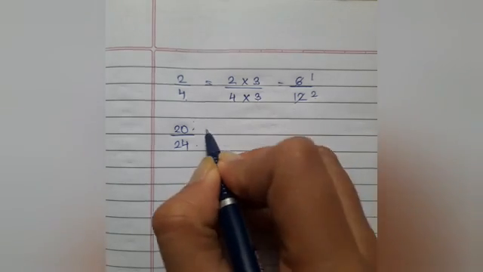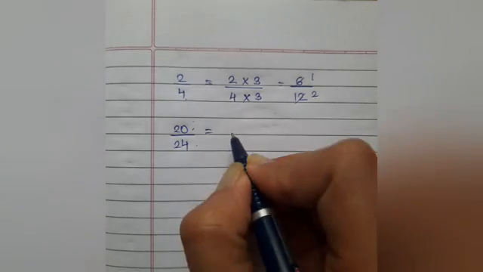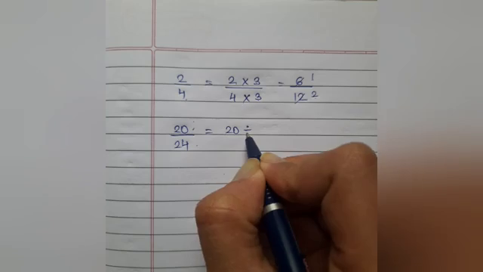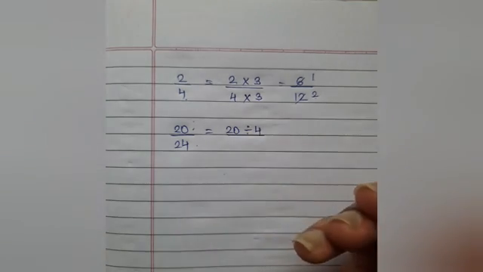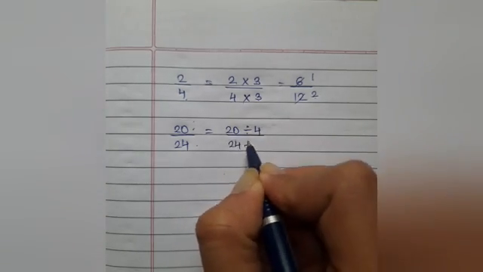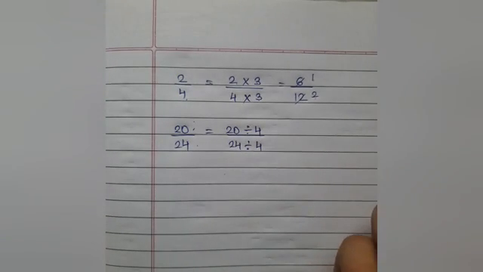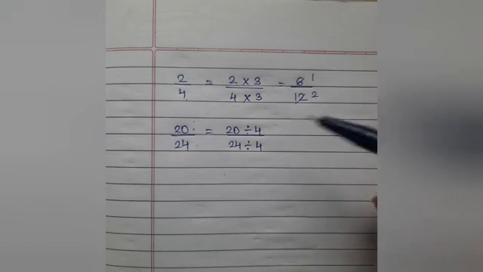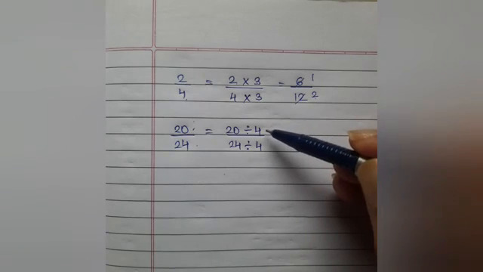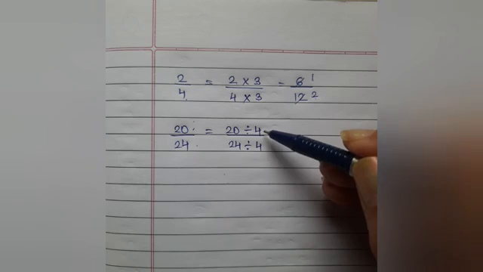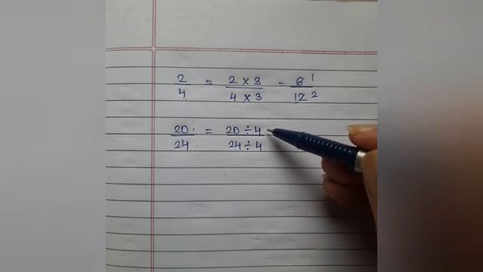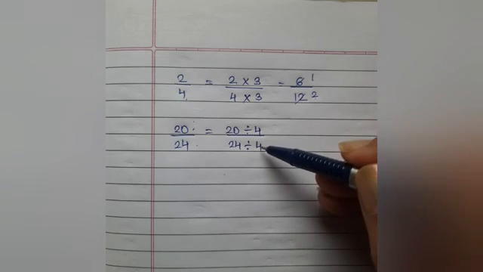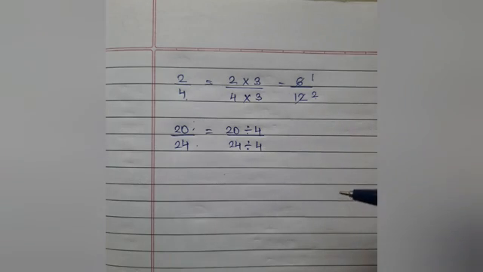So, our next step will be 20 divided by 4 upon 24 divided by 4, since the rule tells us that if you multiply or divide the numerator by a particular number, the same number should be used for the denominator.